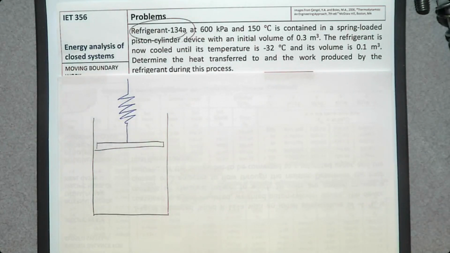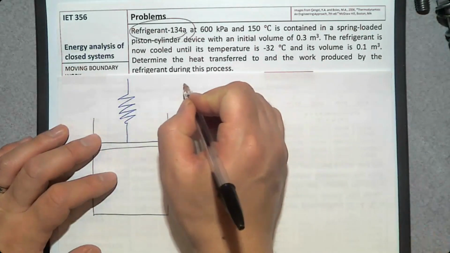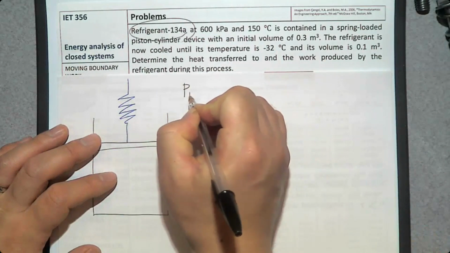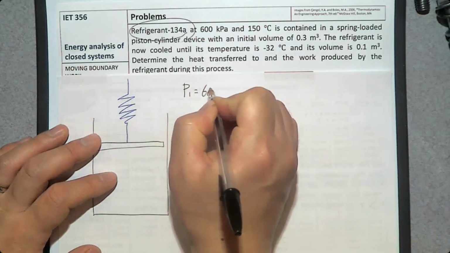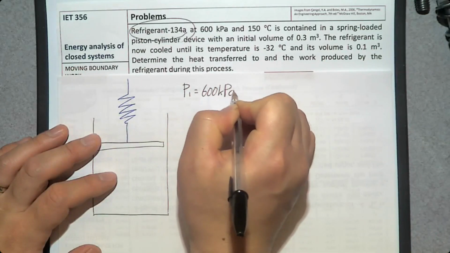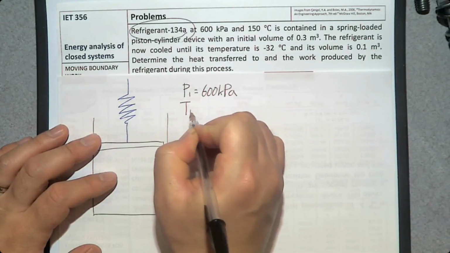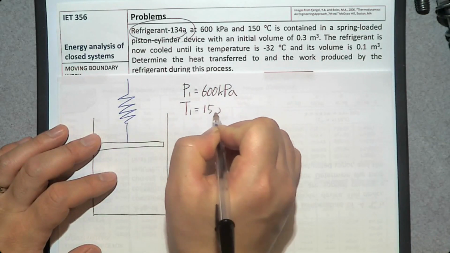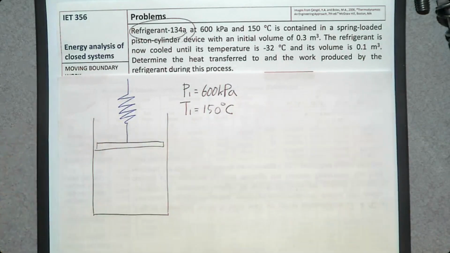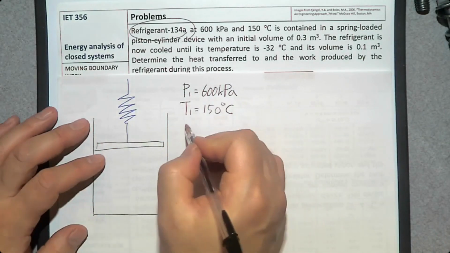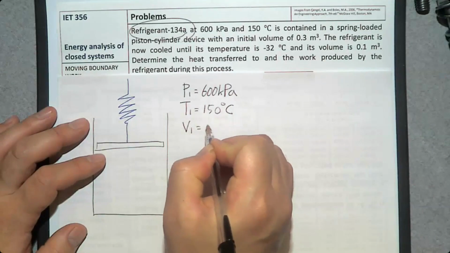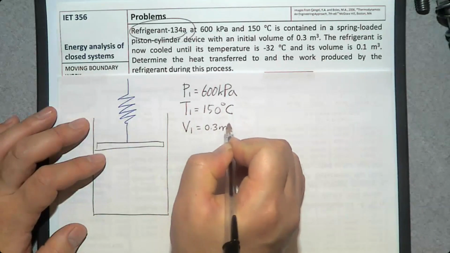Initially at 600 kilopascal. We have 20 minutes. That's a lot of time, right? 600 kilopascal and temperature T1, 150 degrees Celsius. And initial volume V1, 0.3 cubic meters.